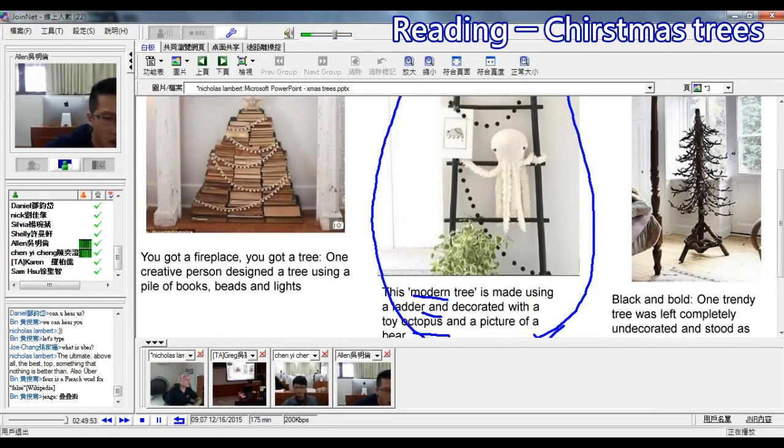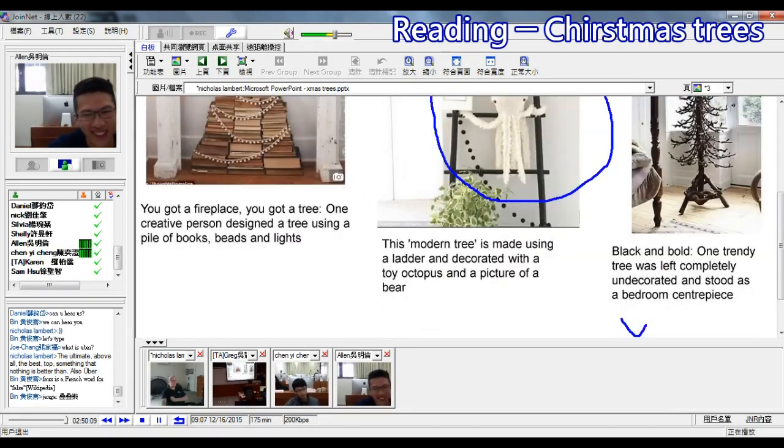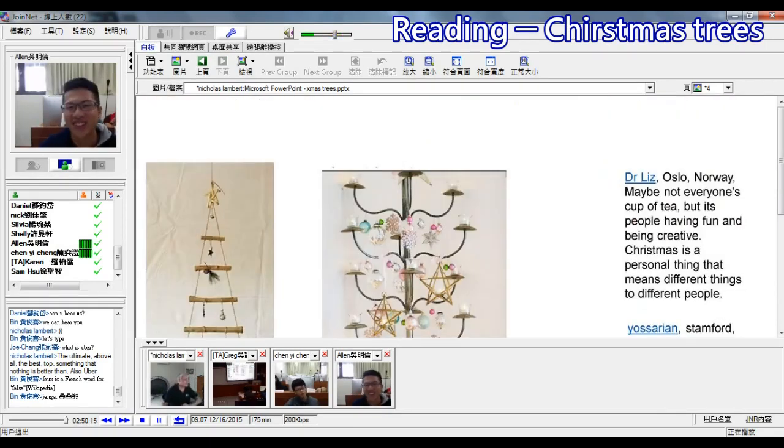Decorated with a toy octopus. Would you have this in your house? No. It's too modern. I like the octopus actually. Yes, it's cute. That's right. All right. Thank you.